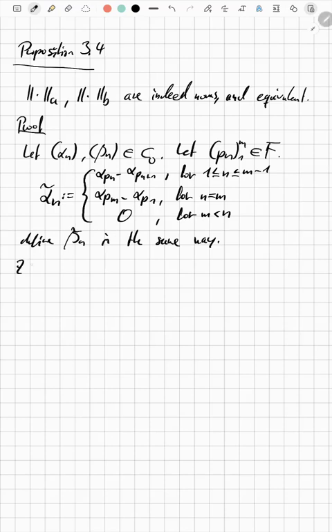So we have z of alpha_{p_n} plus beta_{p_n}.